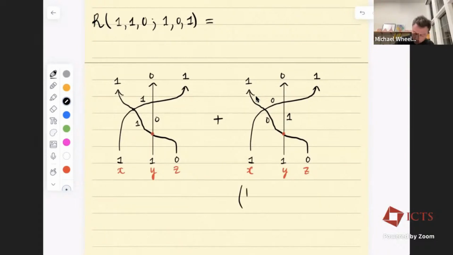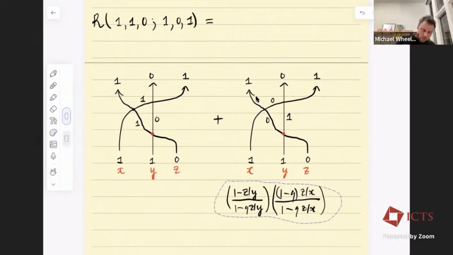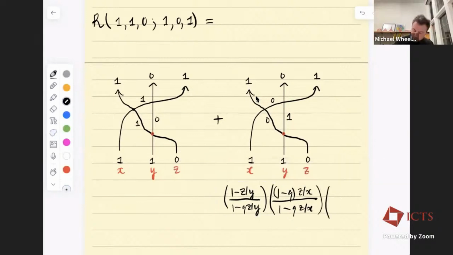So this is 1 minus z over y, 1 minus q z over y, 1 minus q times z over x over 1 minus q z over x, and then finally 1 minus q y over x.